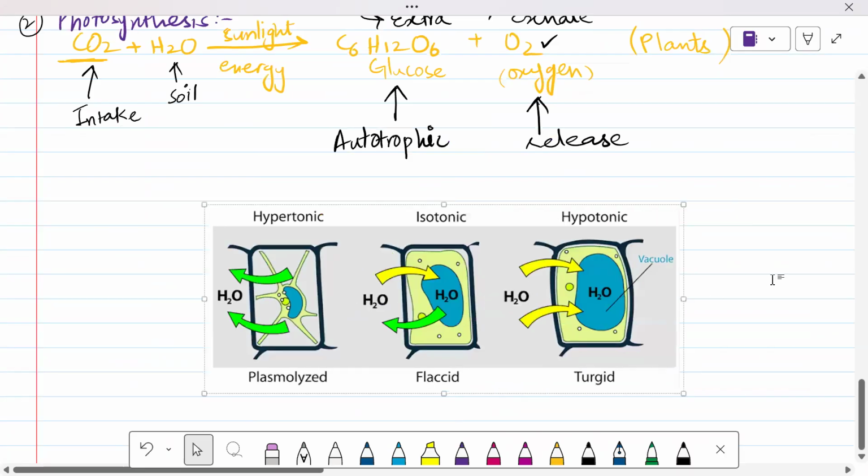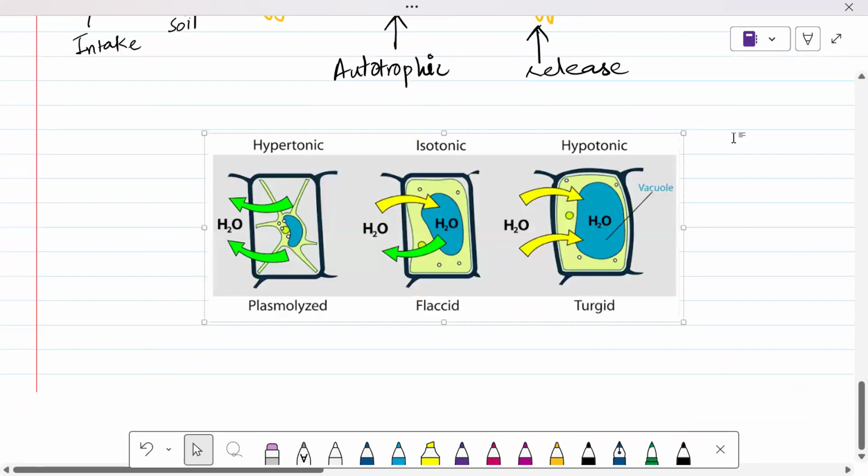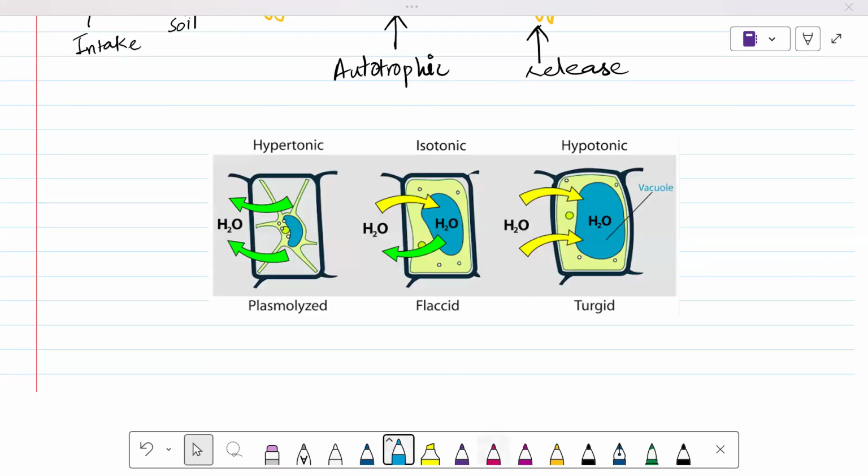Okay, is this picture clear? Rohan, can you see this? Now I'm going to teach you three most important terminologies. You should make notes of these. These are very important. This will help you.